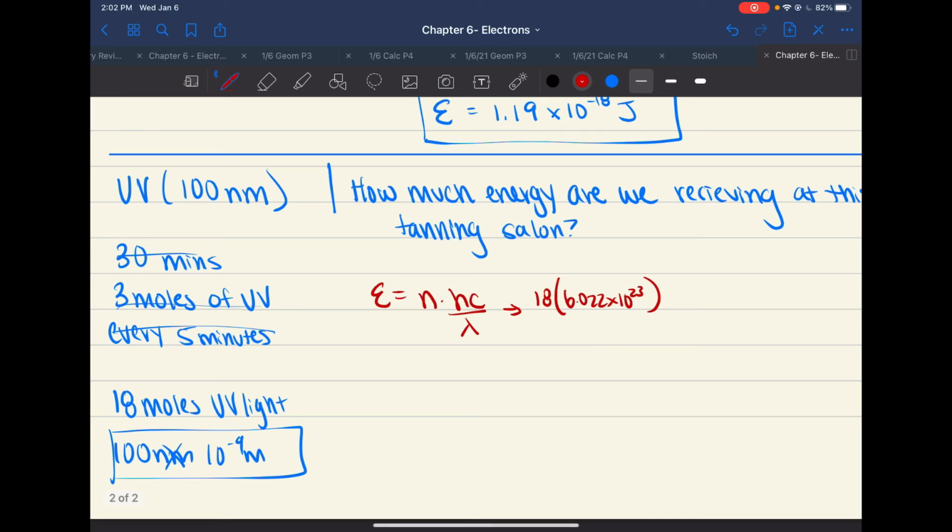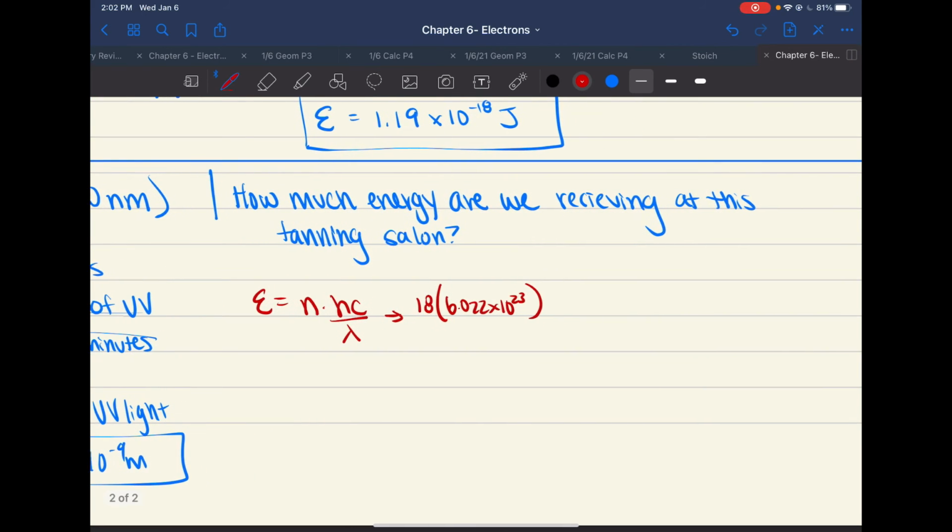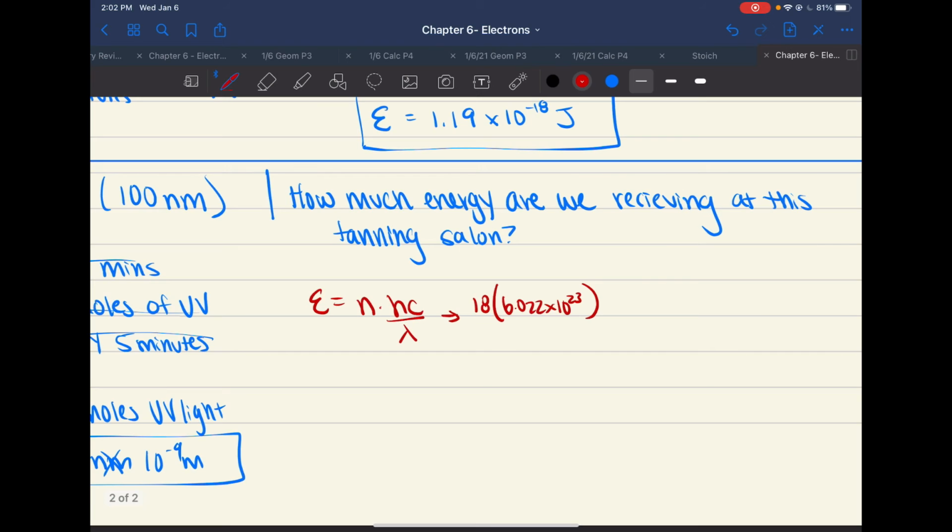If I said 3 moles, that is a lot more photons, or a lot more quanta of energy. If I assumed N is equal to 3 moles, then our answer would not be the same. So we have to plug in 6.022 times 10 to the 23rd in order to get the true value of how much energy is there.